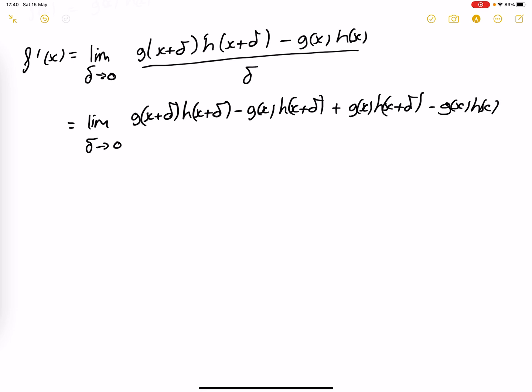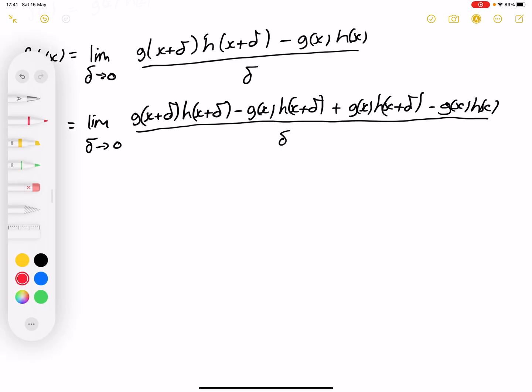The expression that I've written is completely congruent, or the same value as the expression before, because these two bits of the equation are equal in magnitude but opposite in sign. So they will cancel out and be equal to 0.